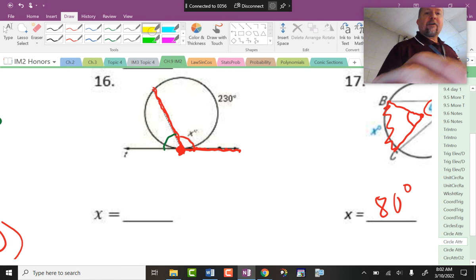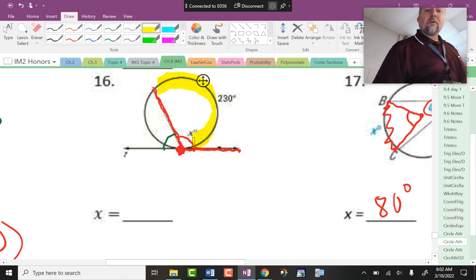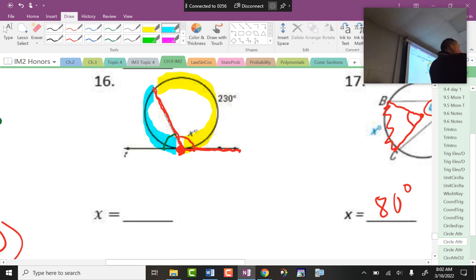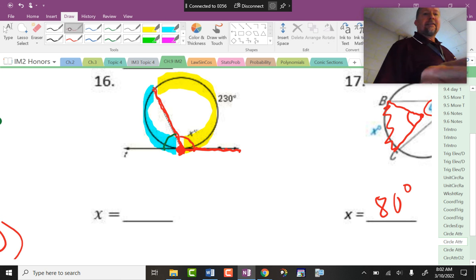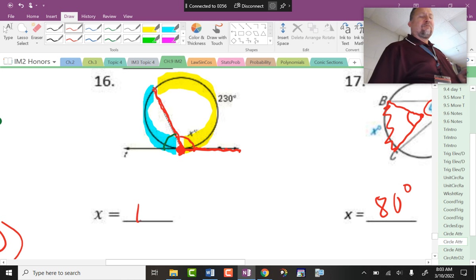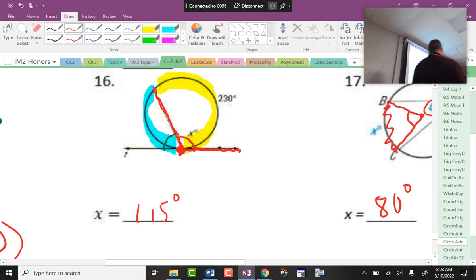What is this arc plus this arc? It just popped into my head why this also is. What are those two added together as arcs? 360. So those two angles are half of the two arcs that they cut. Right? So anyway, angle X in this little sliver is actually an inscribed angle. So it is half of 230, which I can't think right now. 115, is that right? With my brain a little early on a Thursday morning.